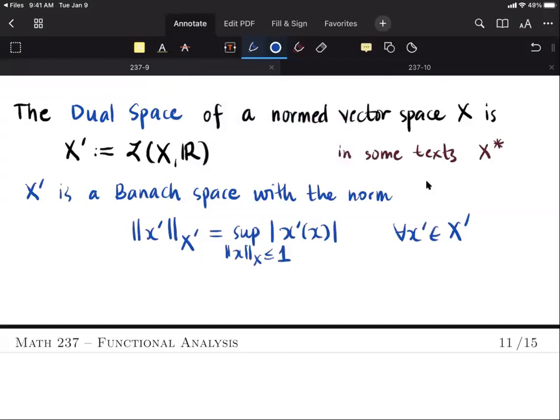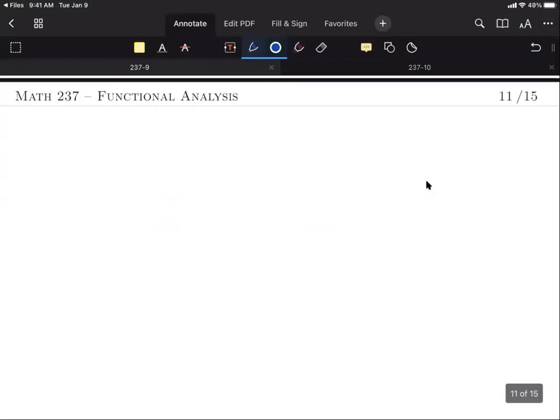To justify the notation of prime for the dual, let us consider the dual space of R. So by definition, the dual space of R is the set of all operators T from R into R, such that, first, this operator must be linear.